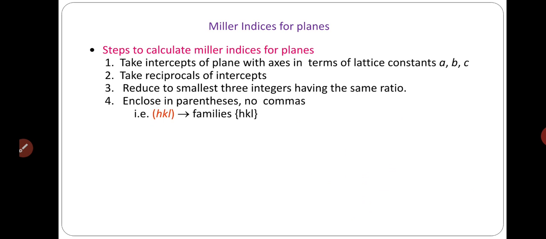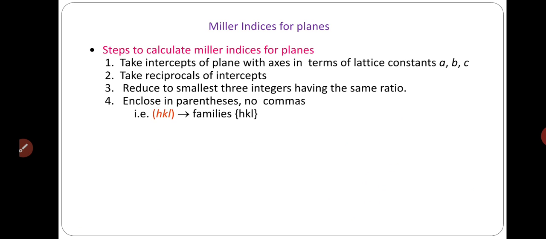Now we shall discuss the calculations of Miller indices for planes and directions. Let us start with the Miller indices for planes. A set of three integers is used to describe the position of a plane or the direction of a vector within the lattice.